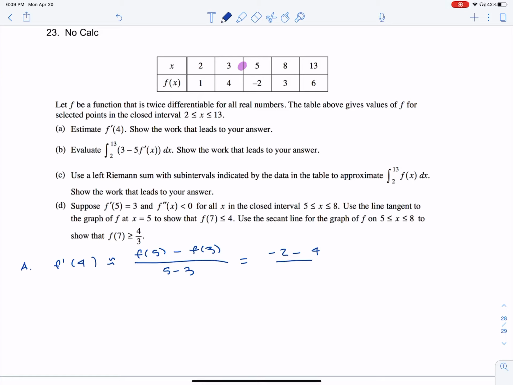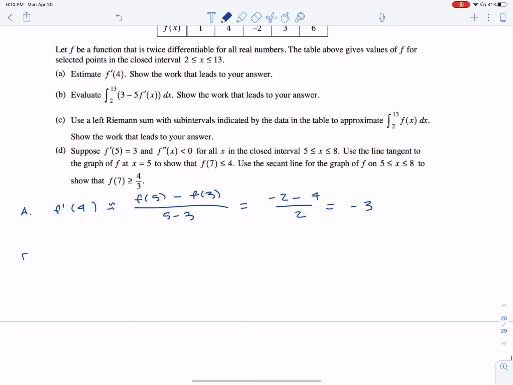And of course, 5 minus 3 is 2, so that gives us -6 divided by 2, which is -3. Okay, so again, I looked at the slope of the line from 3 to 5, and I said it was about, because I'm choosing the 2 closest points that surround 4.